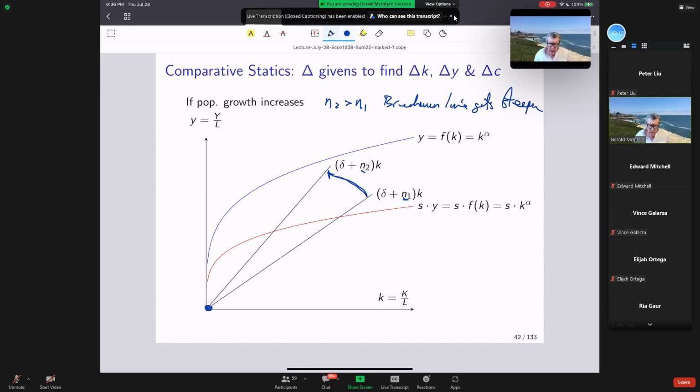They both have to come out of the origin, always, because if K is equal to 0, there's no break-even investment. So it rotates counterclockwise, in the opposite direction of a standard clock.